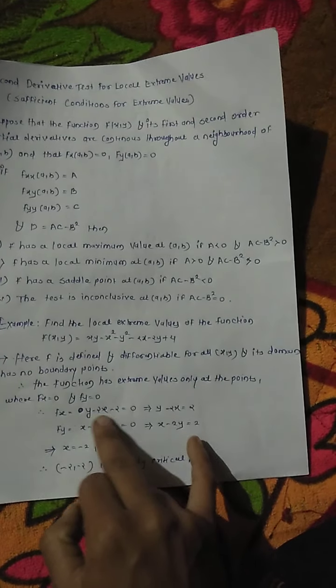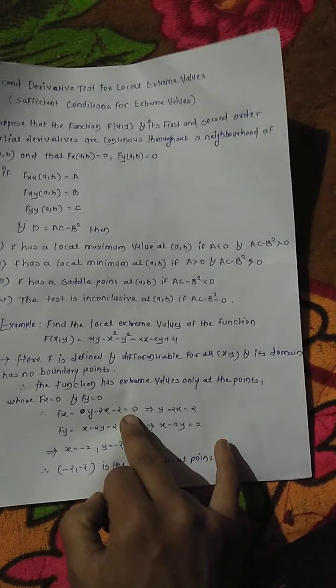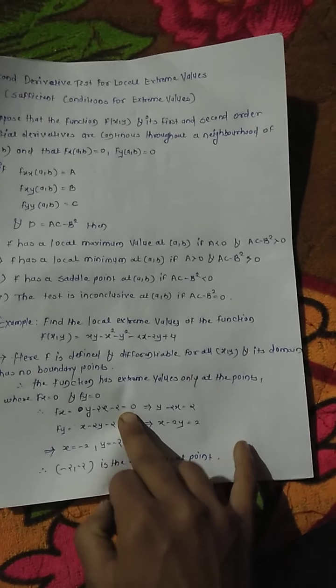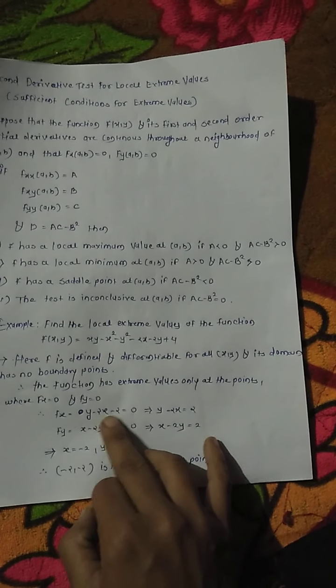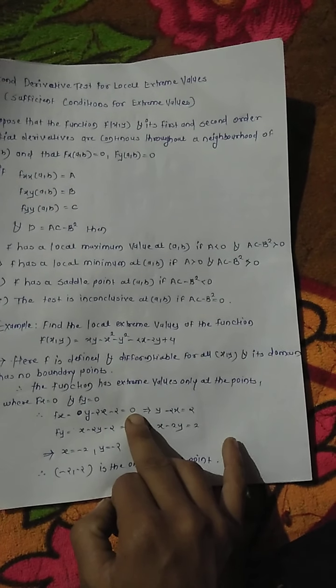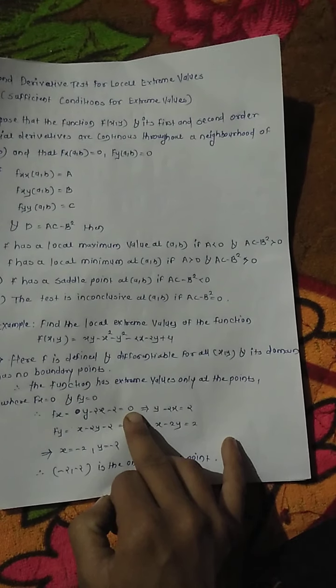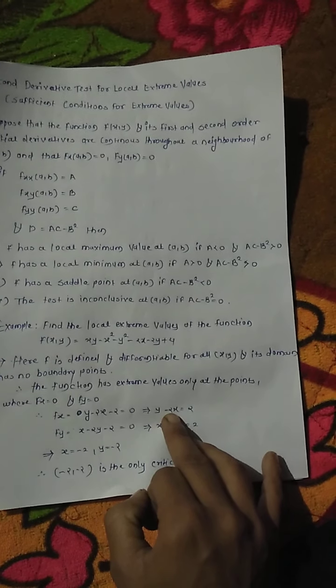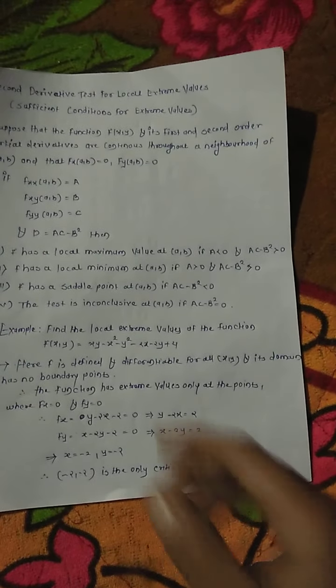So fx is y minus 2x minus 2 equal to 0. Taking 2 to the right hand side, we get y minus 2x is equal to 2.